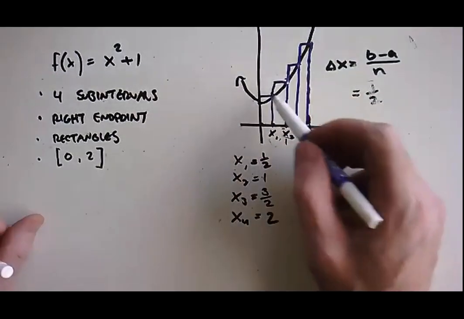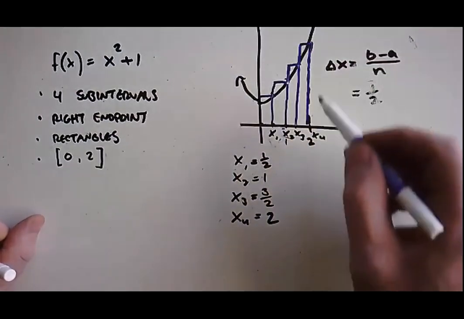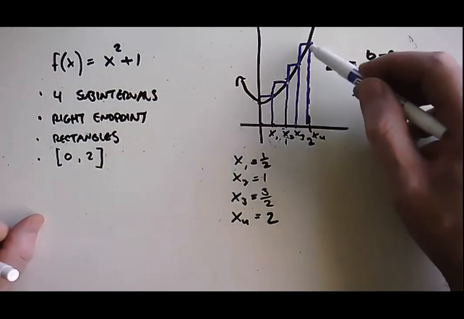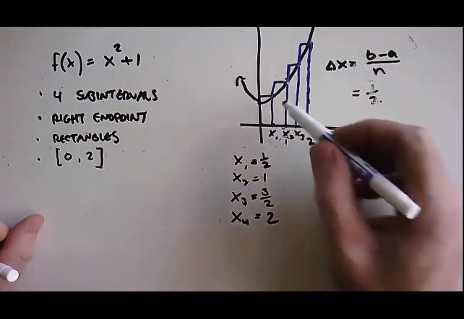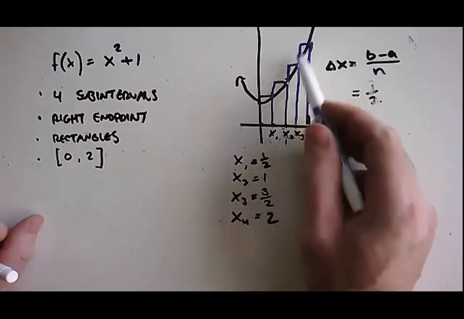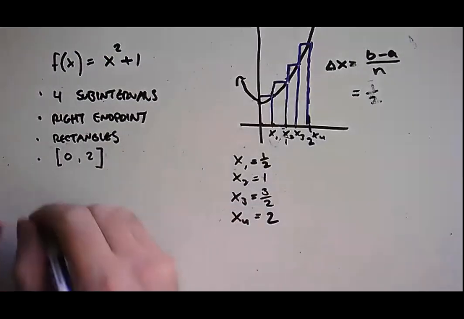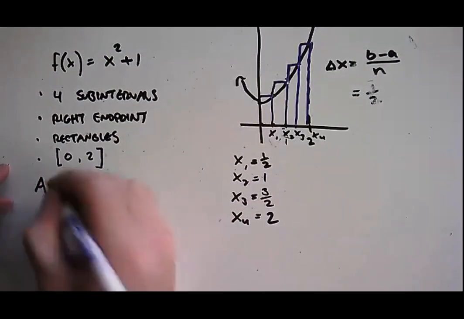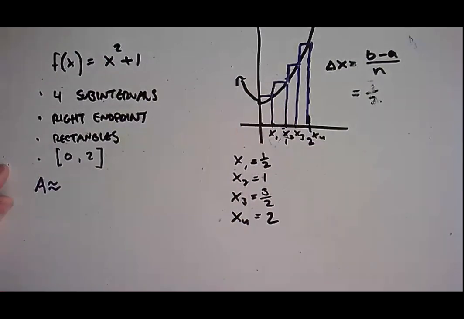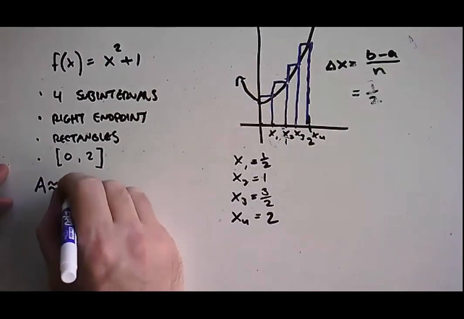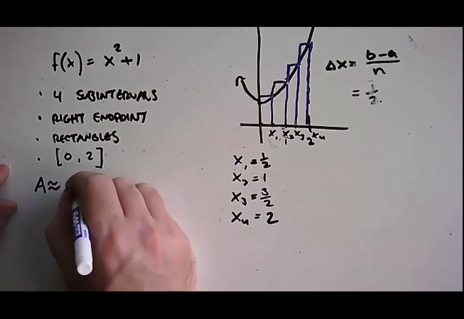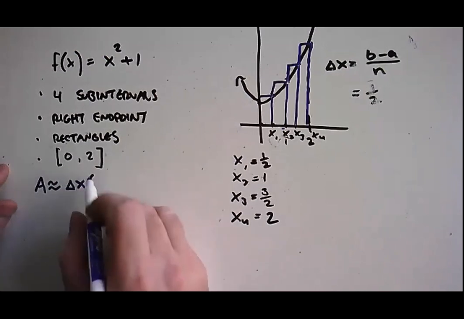By the way, I think we can also see that this Riemann sum is going to overestimate the area. The area beneath the curve is the space underneath, and we're going to overestimate by these small area pieces up there. So our area is approximately, not equal to, these 4 rectangles. Each rectangle has width delta x, and we're using 4 different heights.